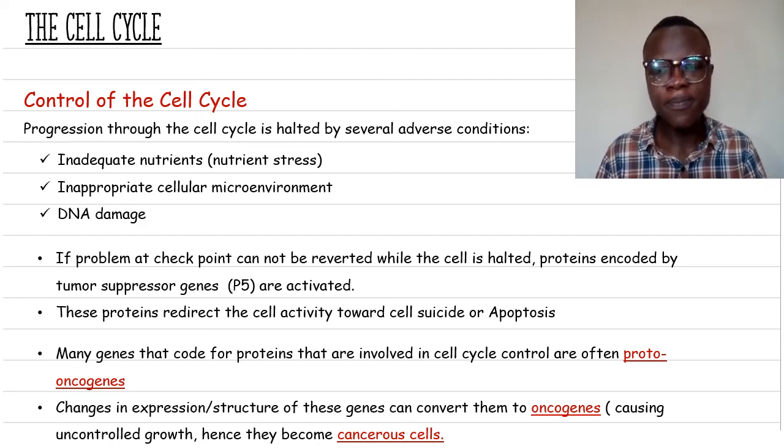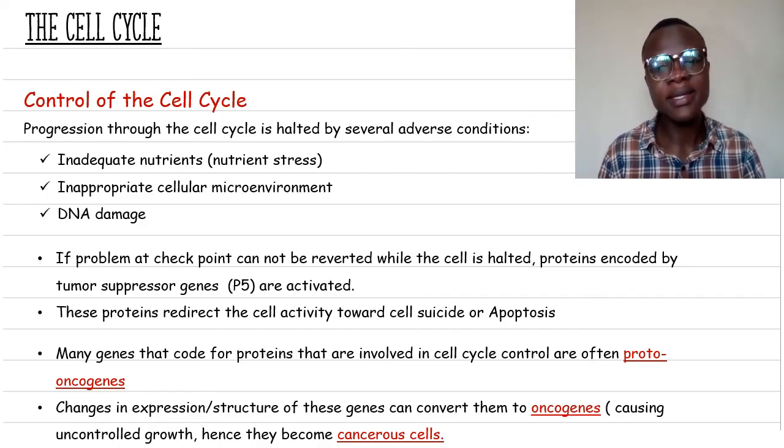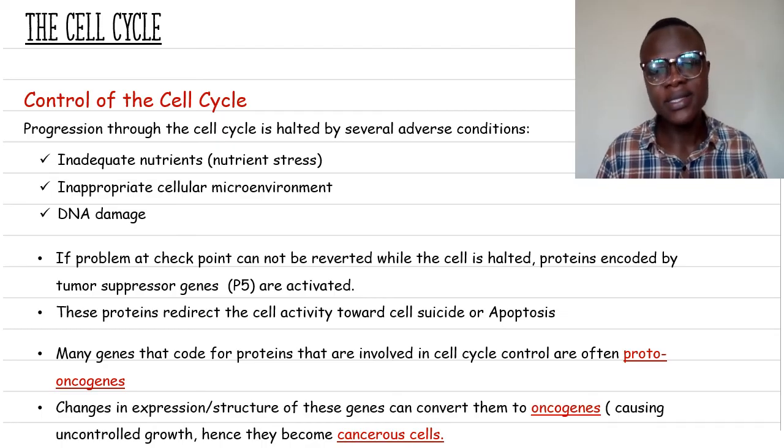If it is not repaired, proteins that are encoded by the tumor suppressor gene are activated. When those proteins are activated, they redirect the cell activity towards cell suicide known as apoptosis.